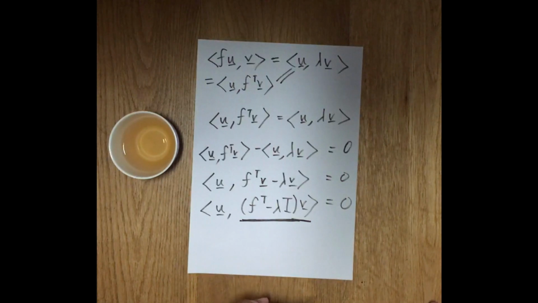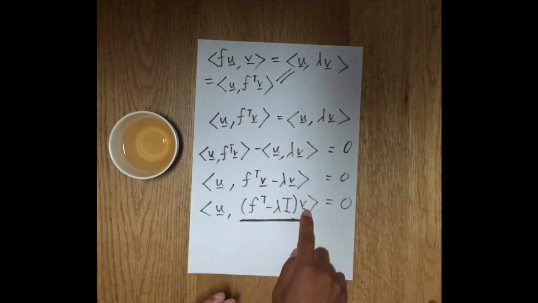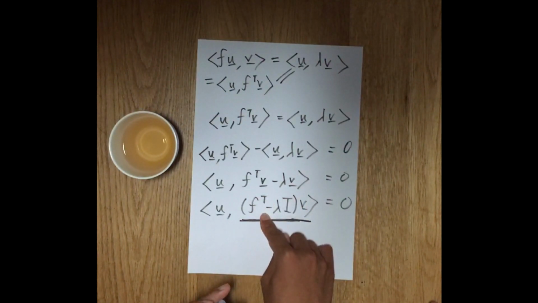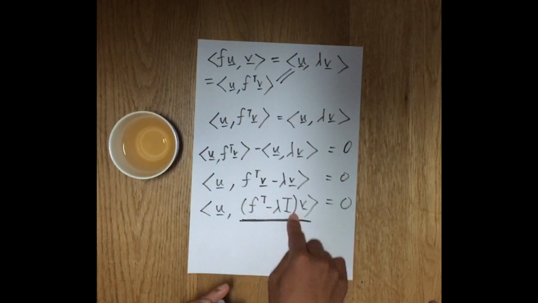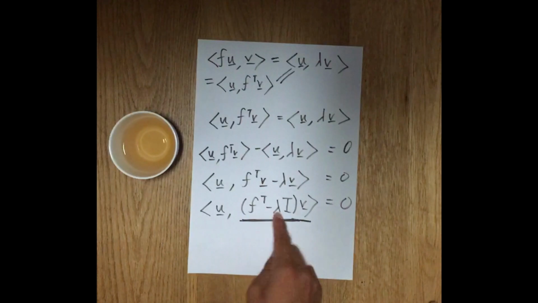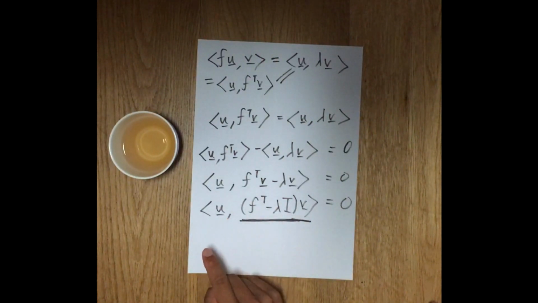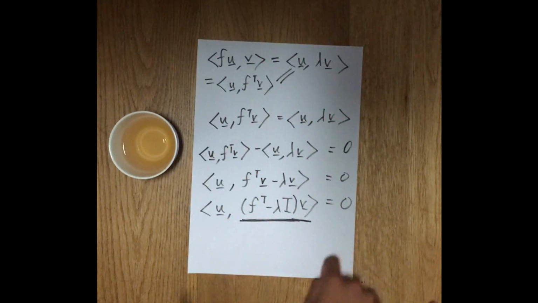What I mean by this is that V is free for us to choose. So if we vary V, its image under F transpose minus lambda I could be a variety of different vectors. Yet this expression is constraining that. It's saying that whatever the image is, when it dots with U, it must vanish. It must go to 0.